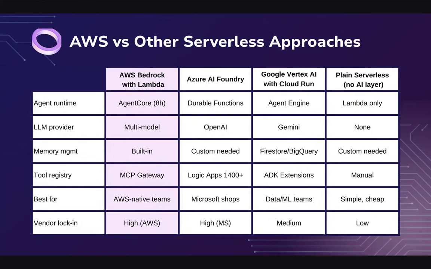This is the simplest and cheapest option. There is no built-in LLM, no agent reasoning, just event-driven functions, best for simple predictable workflows that don't need intelligence. In conclusion, there is no single winner, but the right choice depends on where your team already lives in the cloud.